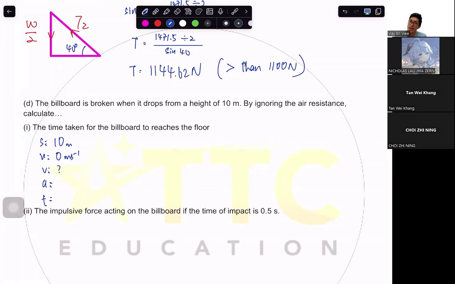The A is actually your gravity. Because you fall down due to gravity, so your A is actually 9.81, the acceleration due to gravity. Okay, and then your T is the time taken, which is what we're trying to find. So you have S, U, A, and you're trying to find T, okay? The SUVAT formula you have to use is S equals UT plus half AT squared.